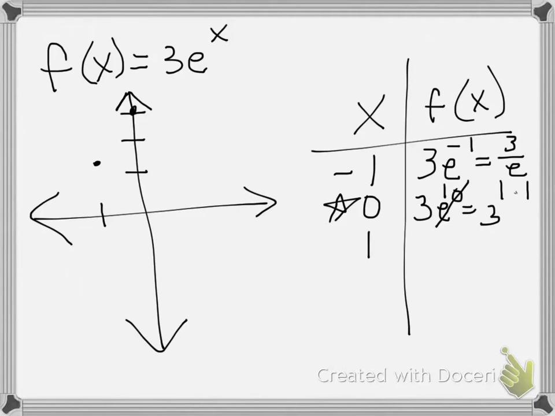And then when I plug in 1, that's going to be 3e to the first, which means I'm going to have 3 times 2.71. And 3 times 2.71 is about 8.1. So when x is 1, it's going to be way up here, and I've actually gone almost off my page.